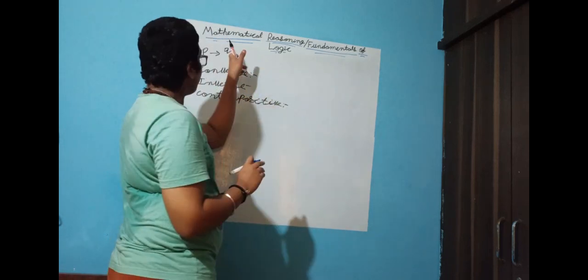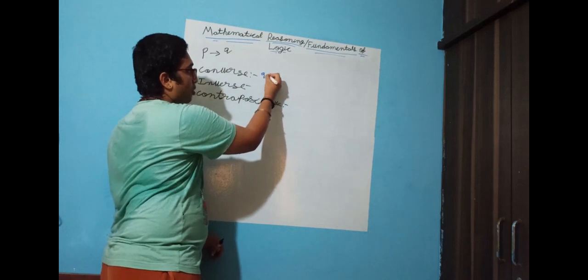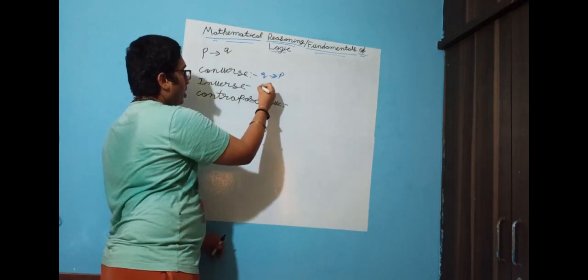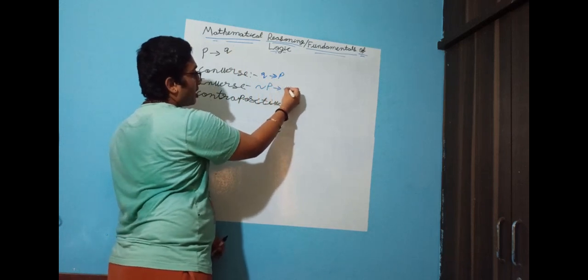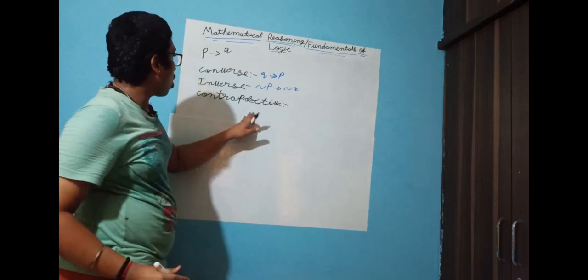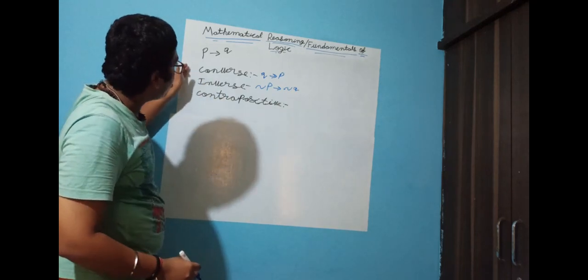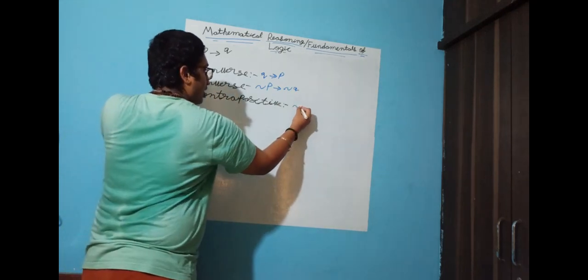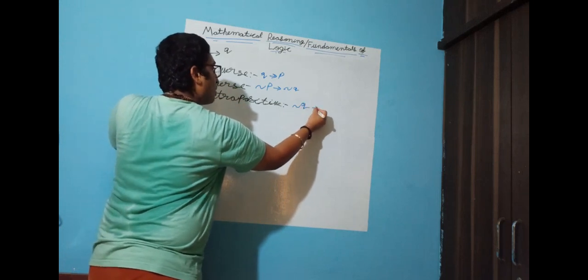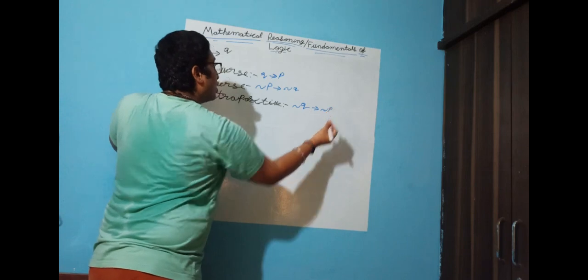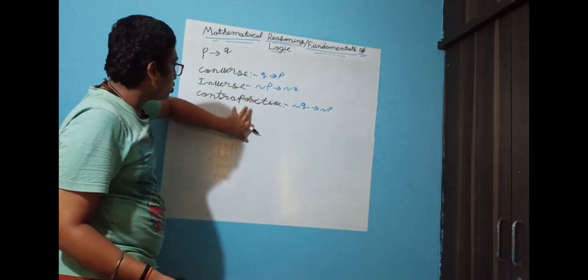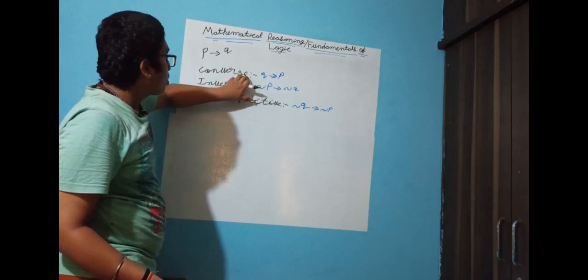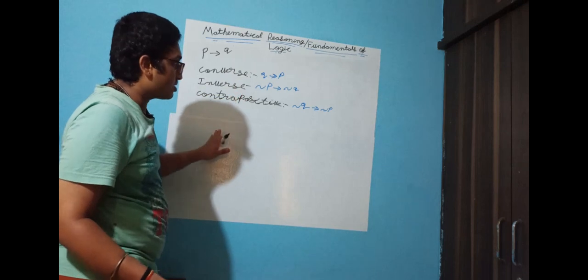For P implication Q, the converse is Q implication P. The inverse of P implication Q is negation P implication negation Q. Whereas the contrapositive is a combination of both converse and inverse: negation Q implication negation P. We can define the contrapositive as the converse of the inverse.